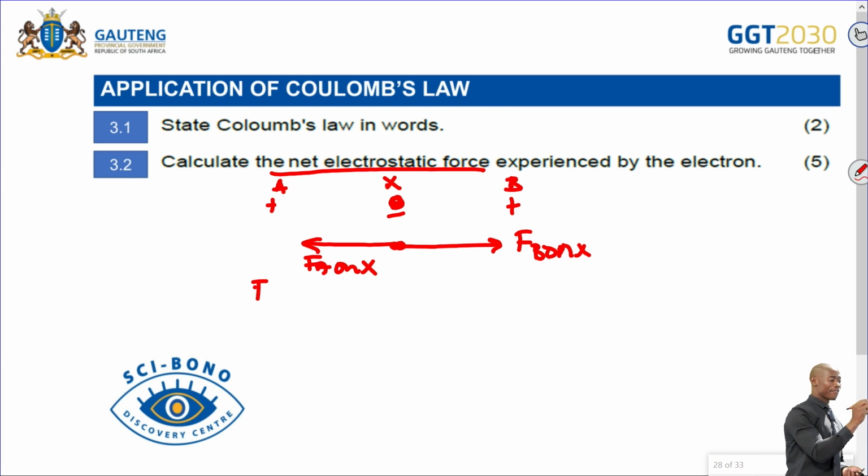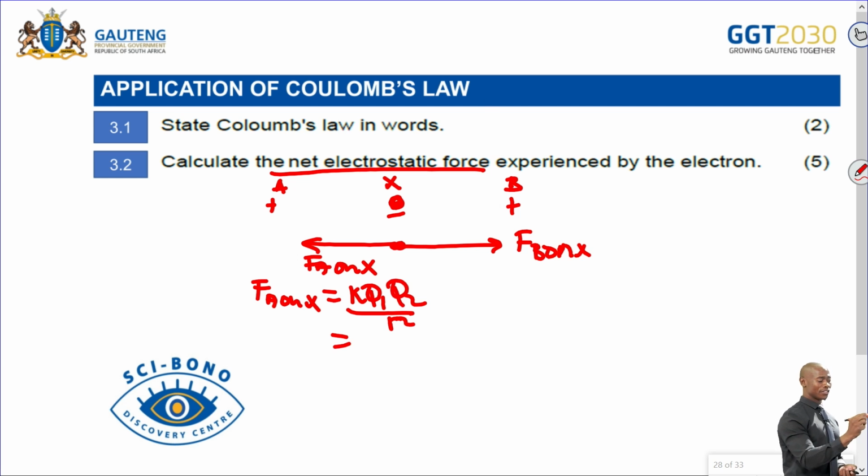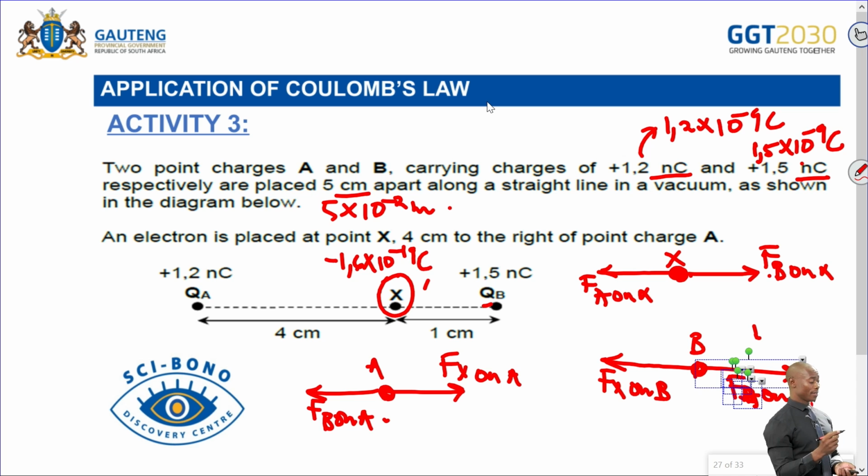So F of A on X is k Q1 Q2 over r squared, right? Which is 9 times 10 to the power 9 times Q1. The focus is A on X, ne? What is the magnitude of A?